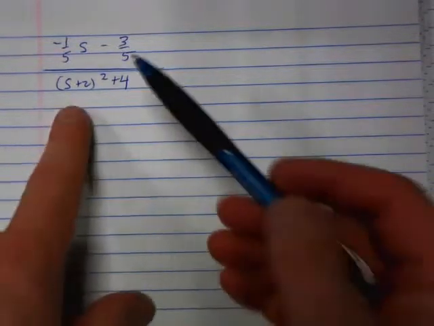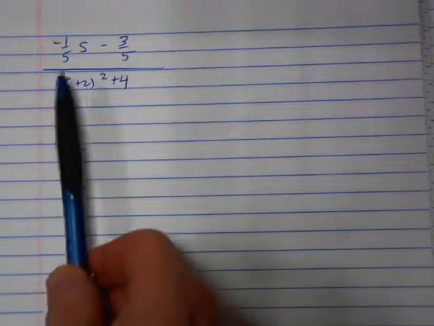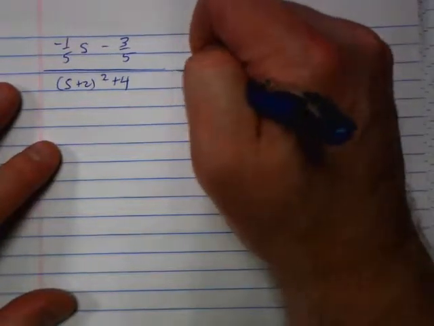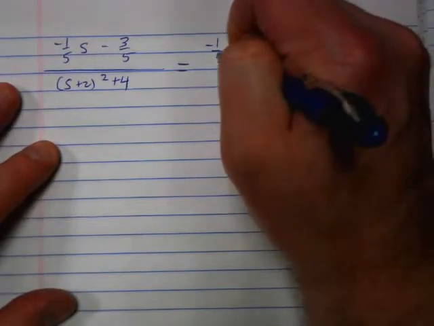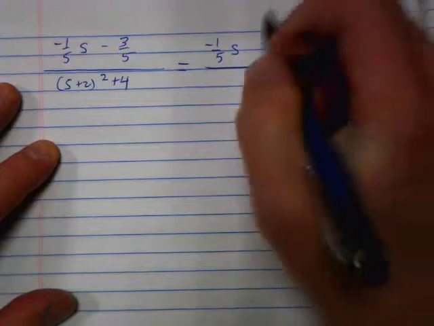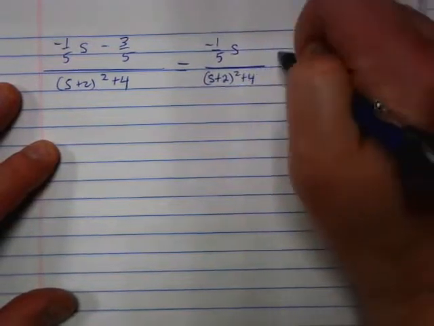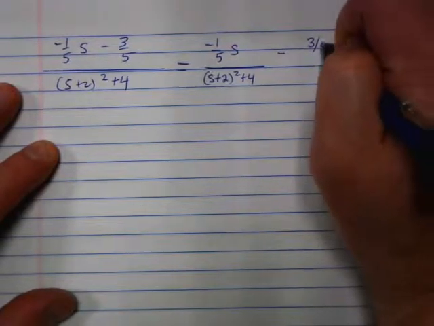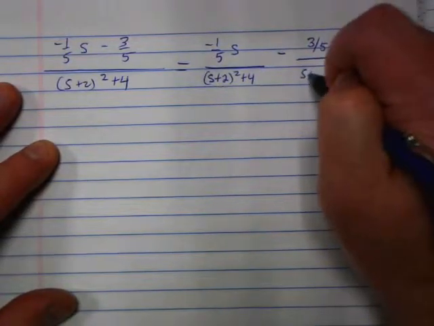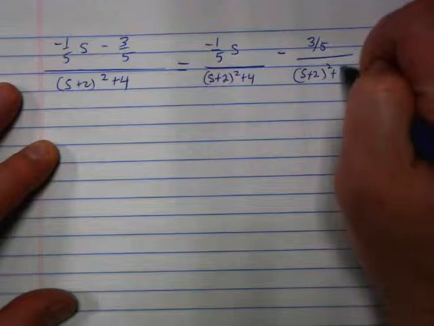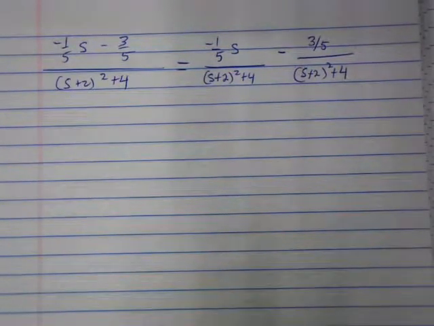When I had this back on the previous page, I went ahead and factored out the negative 1/5. Greg's question was, can't you split it right away? And my answer is yes. You can write this as negative 1/5 s over s plus 2 squared plus 4 minus 3/5 over s plus 2 squared plus 4. Absolutely you can. Then what?